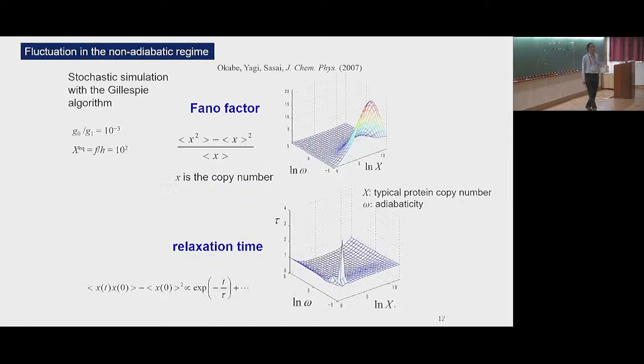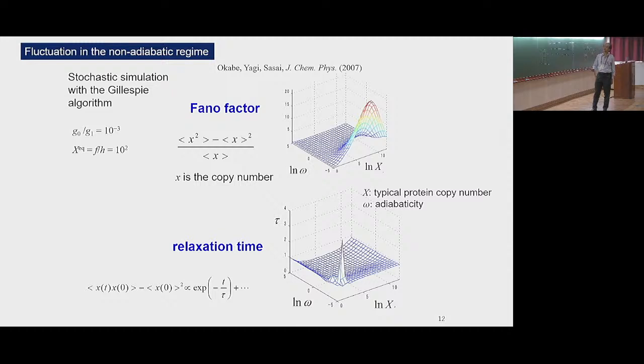So this can be seen by the numerical simulation of this system. The standard algorithm is a GSP algorithm. Doing the GSP algorithm of this simple toy model of the gene expression, we can calculate the Fano factor.